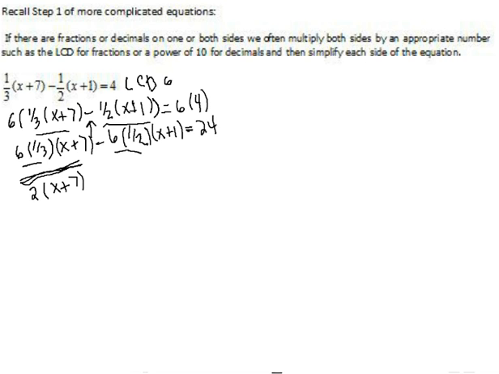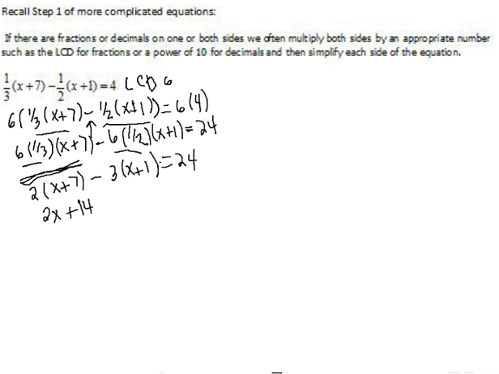Same thing happens in the next term. We get minus, and the 6 times 1/2 is 3, times the quantity x plus 1 equals 24. And so now we'll start with what we had with an earlier example. We'll distribute the 2 and distribute the 3. And so distributing the 2 first, we get 2x plus 14.